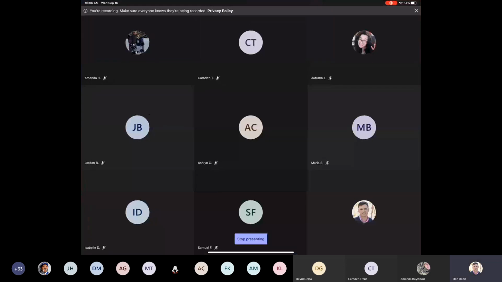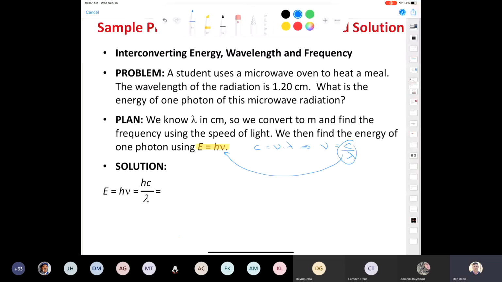I end up with this equation right here, which is E equals hc over lambda.